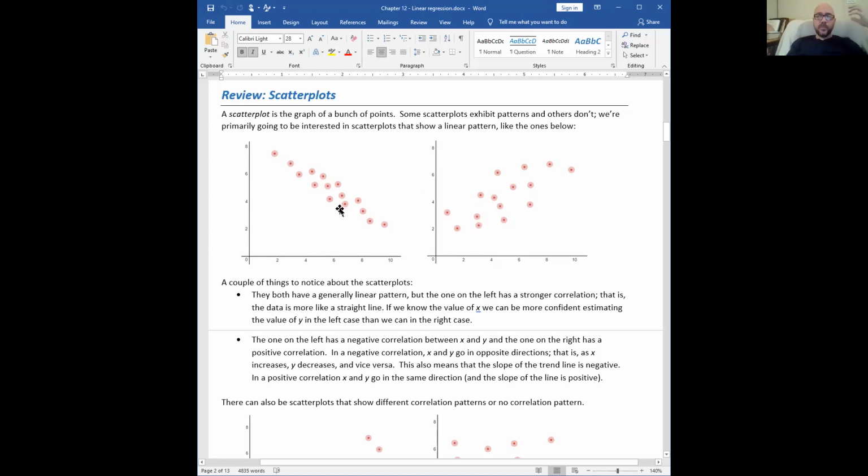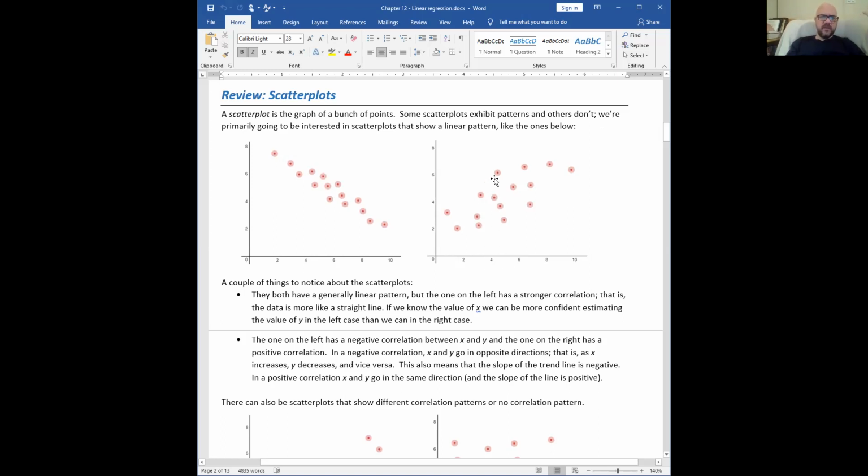That is to say, X does a better job of determining Y, right? Here, X and Y are certainly still related, at least it looks like that from the data, but Y is not determined exclusively by X, right? It's not a deterministic relationship, whereas here it almost is. So for this particular X of, what is that, 4?